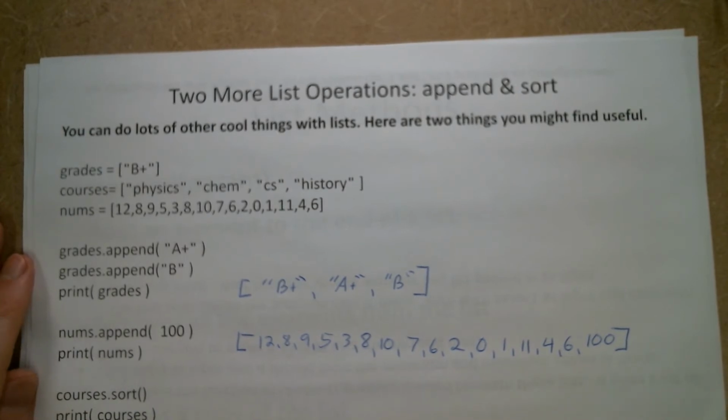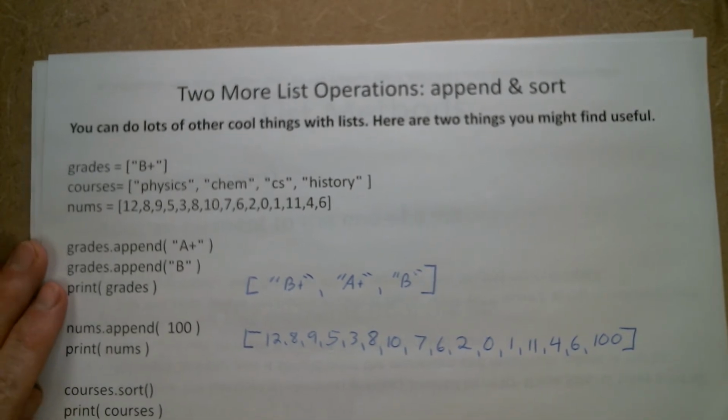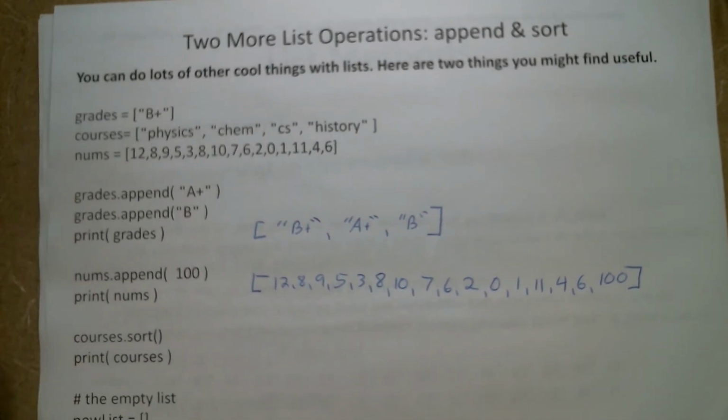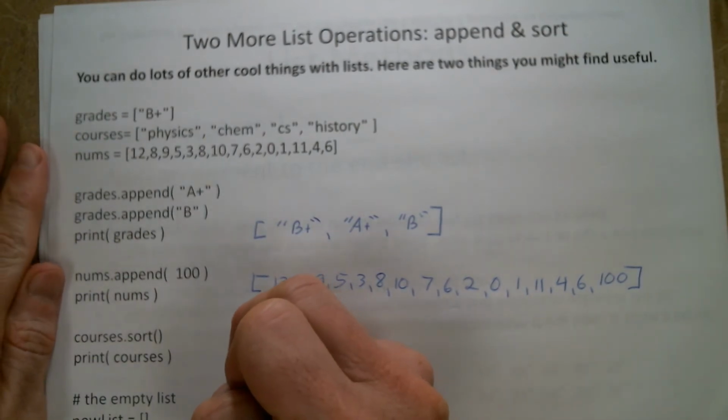Now, something that's really useful, and also doesn't exist in a lot of the other languages I'm familiar with, is there's just a sort command. We can just automatically have Python sort these lists for us. So if I say courses.sort, that's going to put our list in alphabetical order.